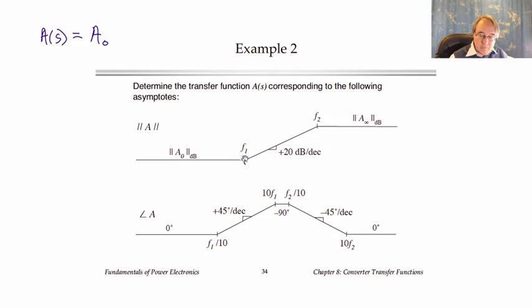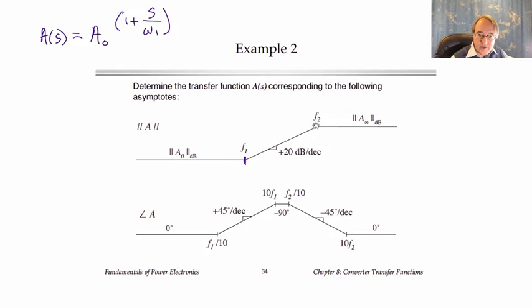At frequency F1, the asymptotes change, and we have a plus 20 dB per decade slope. What kind of term does that? Well, a 0 would do that. So we could have a 0 function term in the numerator with a corner frequency F1, or in our transfer function we express this in radians per second, so omega 1, where omega 1 is 2 pi F1.